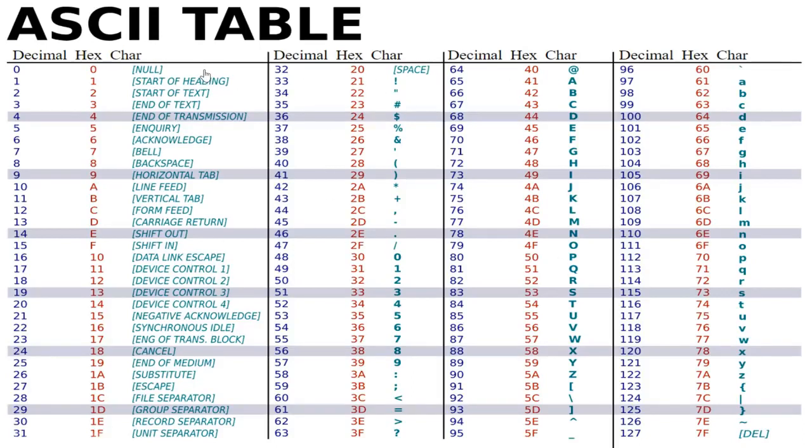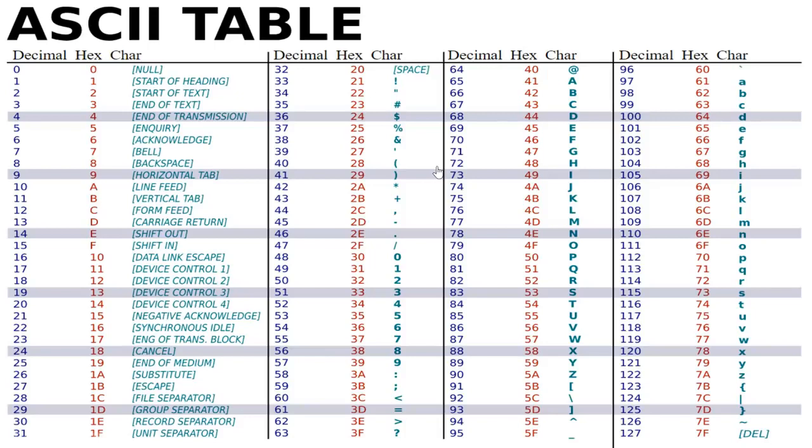The non-printable ones are the control characters and the printable ones are the characters you can print on the screen. ASCII uses 7 bits to encode characters. Therefore, we have 128 characters in total. If you can see here, this is from 0 to 127. That is, there are a total of 128 characters in the ASCII table.